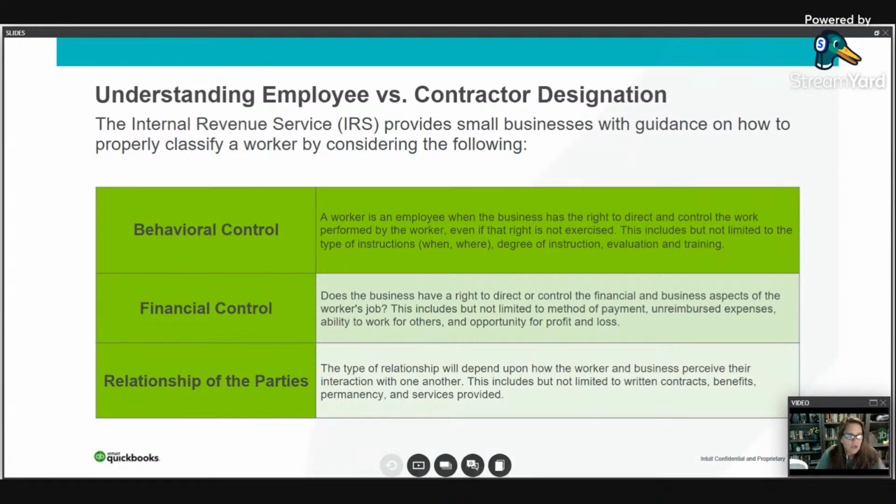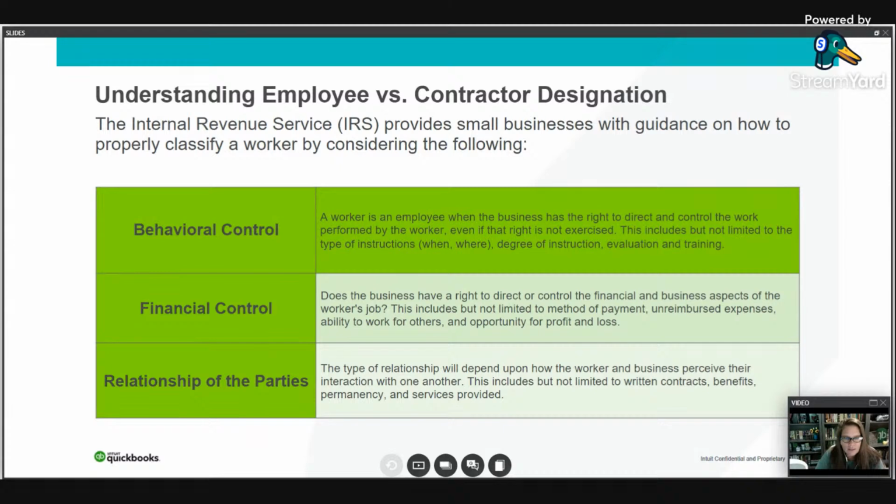The relationship. So you have to look at the type of relationship. It's going to depend on how the worker and the business perceive their interaction with one another. And this is going to include possibly written contracts, which describe the relationships that both parties intend to create.